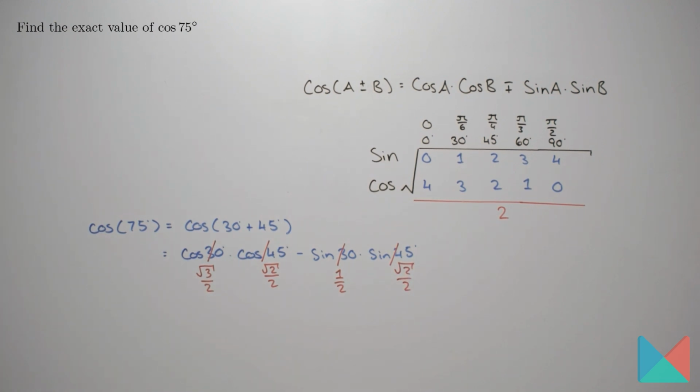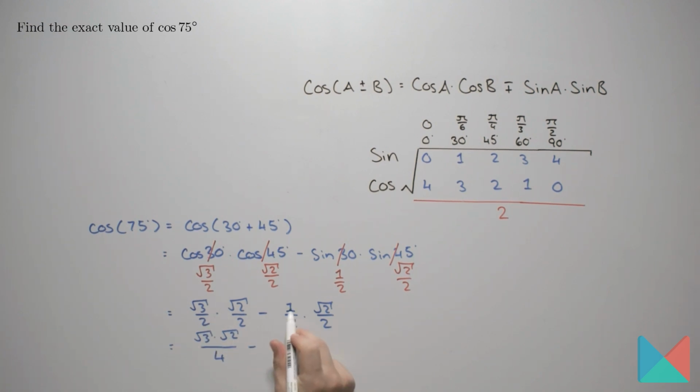And now what we can do is just multiply them together and simplify. So we get our root 3 over 2 times root 2 over 2, take our 1 over 2 times root 2 over 2. And if we multiply these out, we're going to leave these root 3 and root 2 alone. And we get 2 times 2 on the bottom, which is just going to be 4.